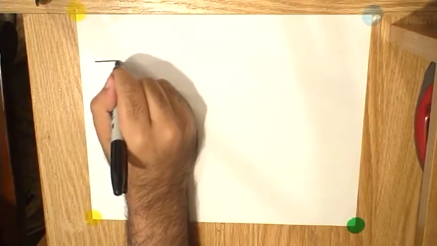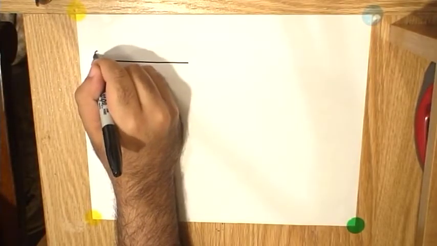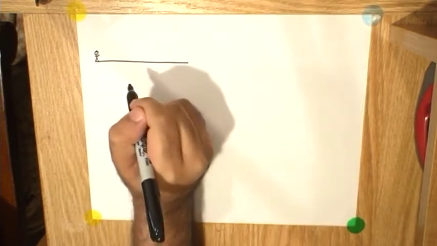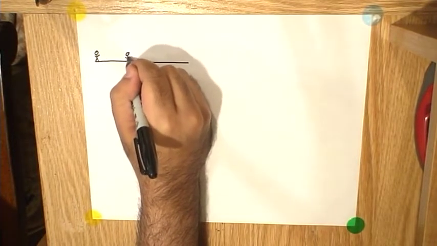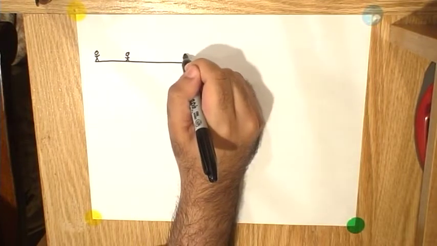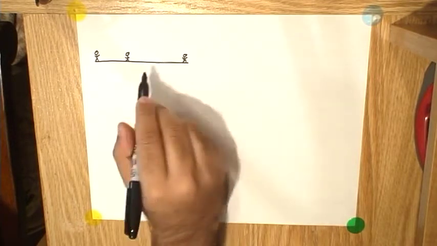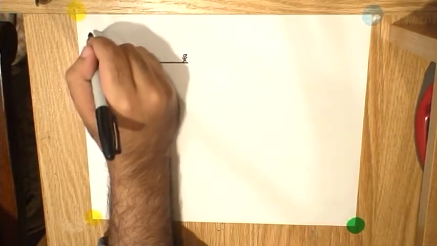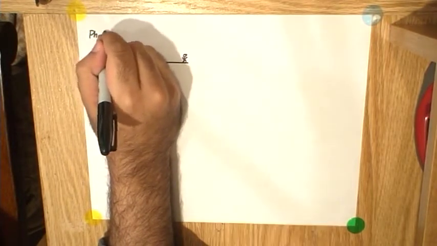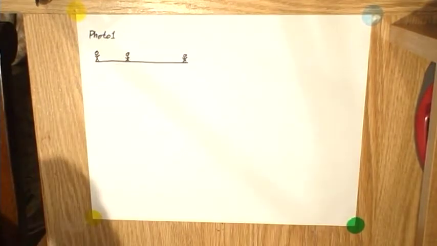In this question, we have Usain Bolt, who is starting at rest. He accelerates to his top speed, and eventually he completes the race maintaining that speed. So let us say that this is photo 1, which is just as he's starting the race.